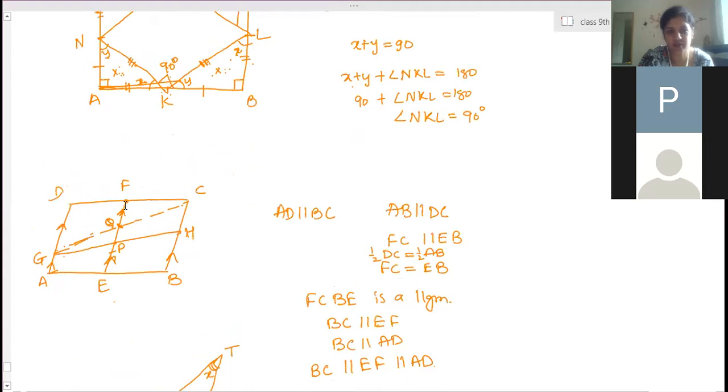Here, what is this solve? F is the midpoint of DC in a trapezium, where three sides are equal. If F is the midpoint of CD, then you have proved P is also the midpoint of GH. That is the intercept theorem.